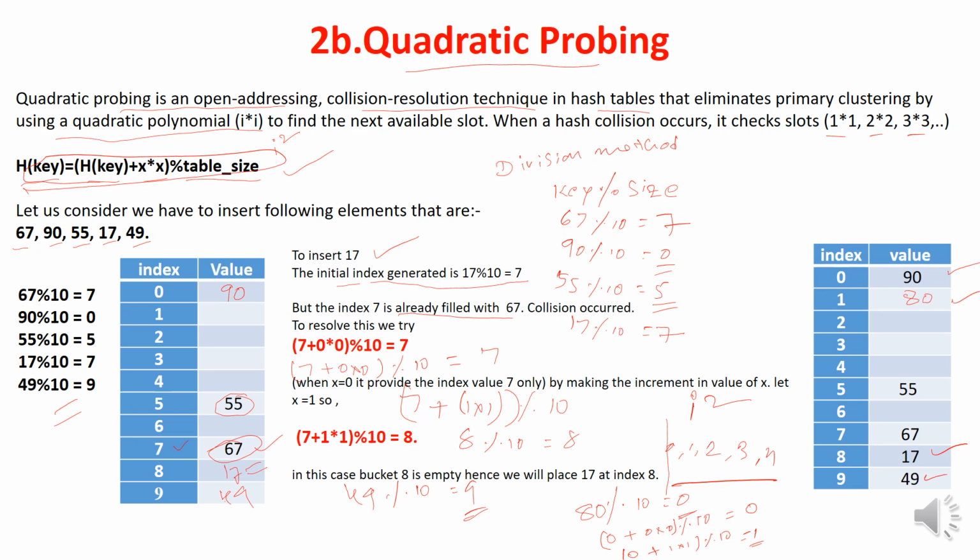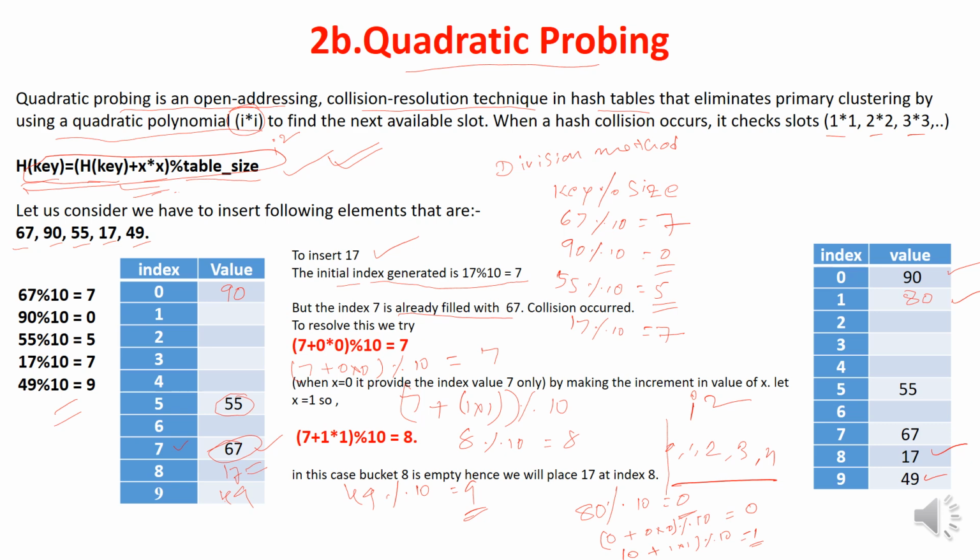So in this way, you can solve collision using quadratic probing. Linear probing checks the next location, but quadratic probing uses a polynomial equation like this. If collision occurred, we apply this function using I square.